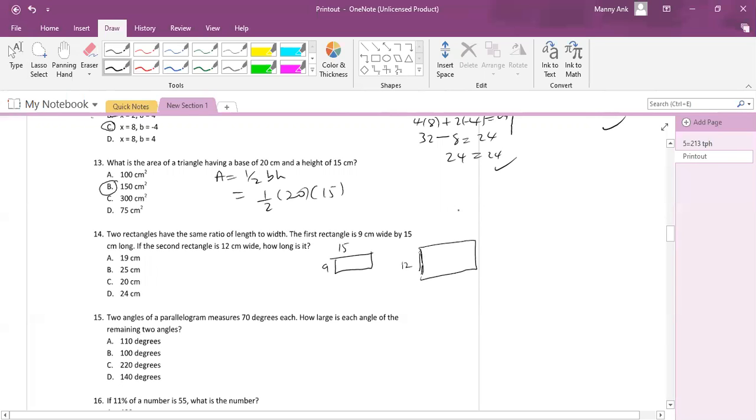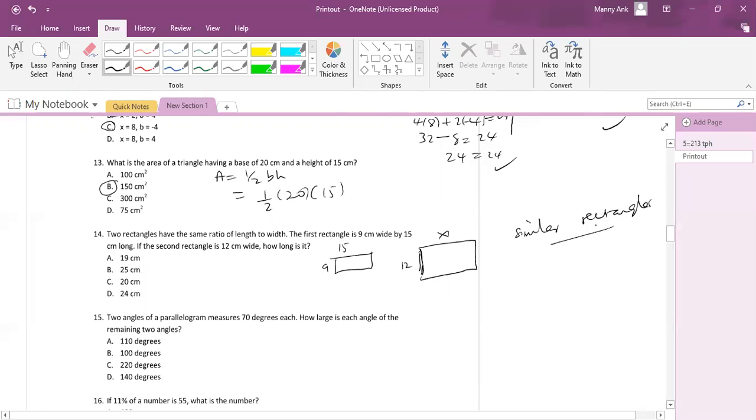So 12 here. And then they ask you what is the length. You don't know x. Since they have the same length to width ratio, it means that they are similar rectangles.